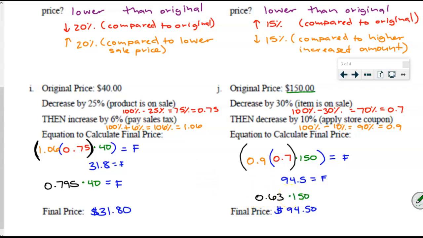So if you were going to make that mistake and say, okay, 100% minus 30% is 70%, minus 10 more percent is 60%, you would be calculating incorrectly with the decimal 0.6, when really truly it would be 0.63. So it's really important that you understand that these are two separate steps. We can do them in one step, but even as I do them in one single equation, I'm still taking it piece by piece. So make sure you keep that in mind as you work on your homework.